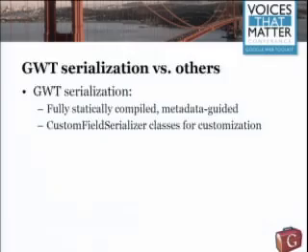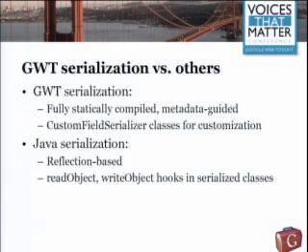So just a quick comparison of GWT serialization versus other frameworks. GWT serialization is fully statically compiled, so it has to look at all the source code, guided by the type args metadata that you supply. You can create your own classes on the side to do serialization of your objects. Native Java serialization is reflection-based, so it doesn't have to have runtime source available to the compiler. And you put readObject and writeObject methods into your classes themselves. So instead of having this separate Foo_CustomSerializer class, you would put readObject and writeObject in Foo.